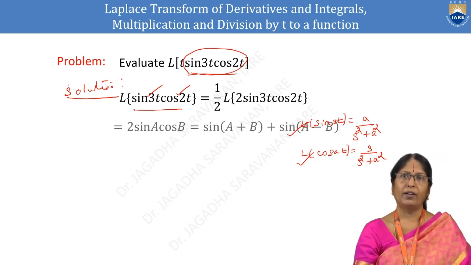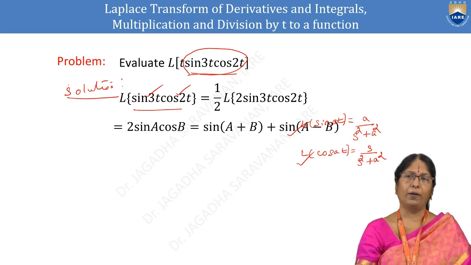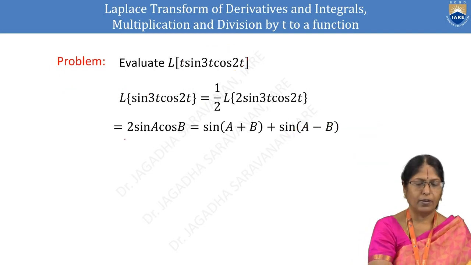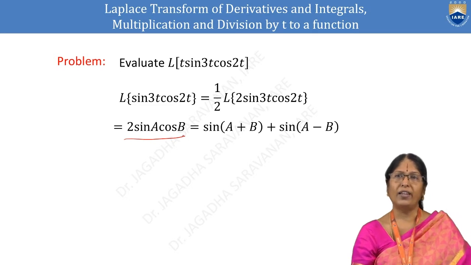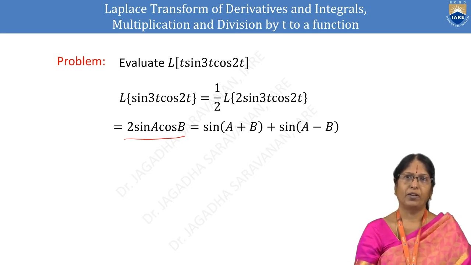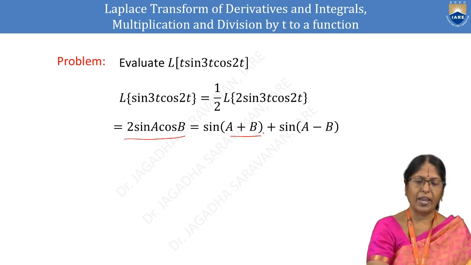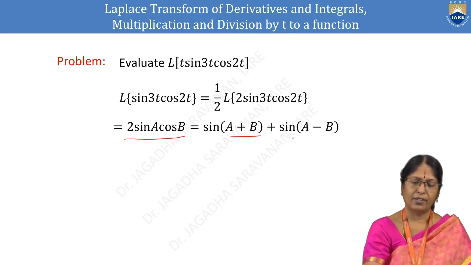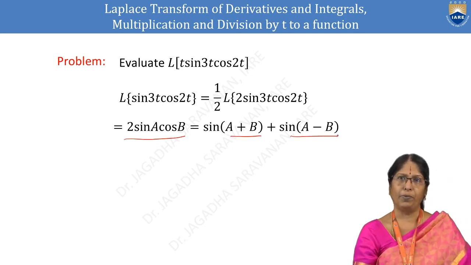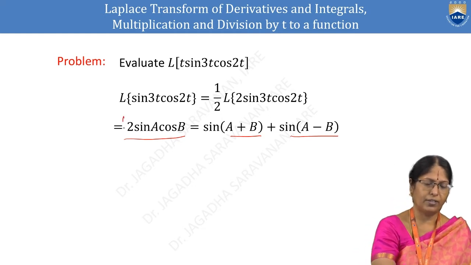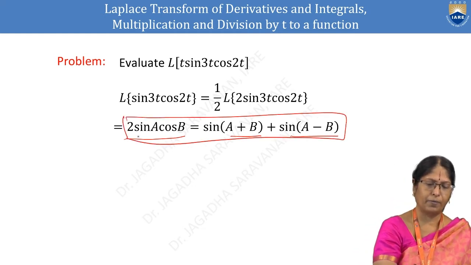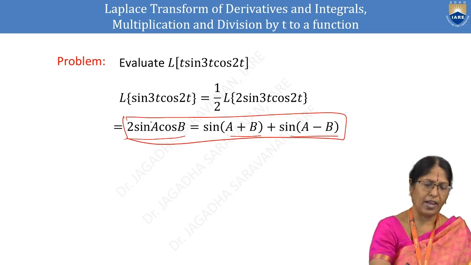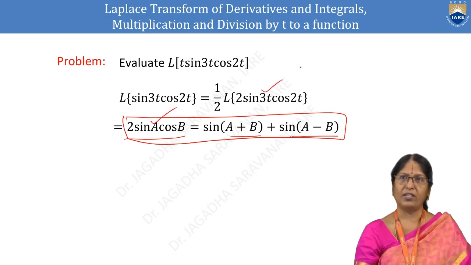The trigonometric formula available is 2 sin A cos B equals sine of A plus B plus sine of A minus B. We compare this trigonometric formula to our given problem.